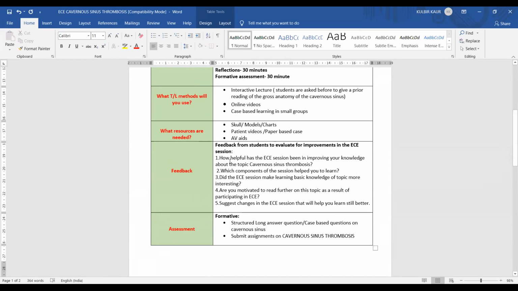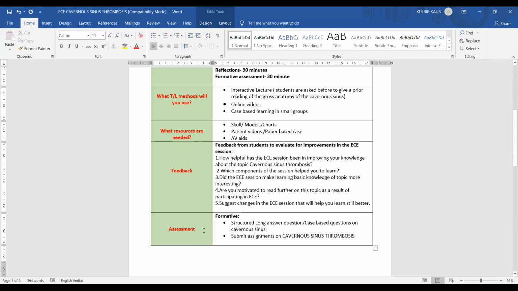That will be: how helpful has the ECE session been in improving your knowledge about the topic cavernous sinus thrombosis, which components of the session helped you to learn, did the ECE session make learning basic knowledge of the topic more interesting, are you motivated to read further on this topic as a result of participating in the ECE, and suggest any changes that can be made in the ECE session that will help in further learning of this topic.